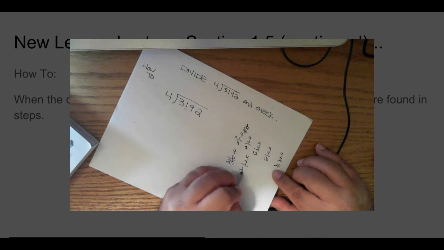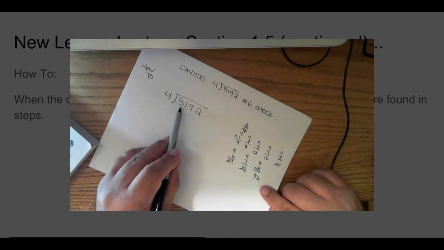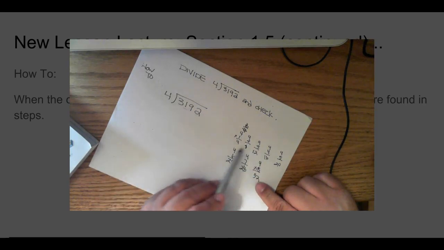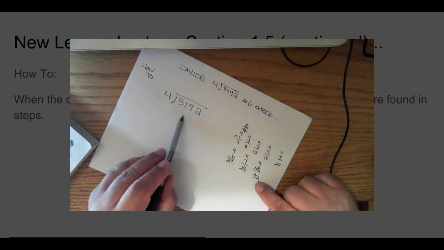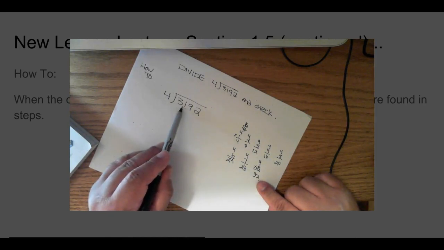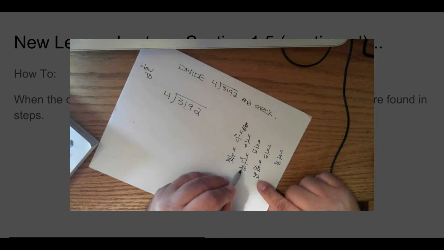4 times 7 is 28. 4 times 8 is 32. So here's a 32, and that's 31, right? So we keep going up the times table until we find the right number. So this is 32, so that's not going to work because that's greater. We've got to go lesser. So the next one that's less than this one is 4 times 7, which is 28.